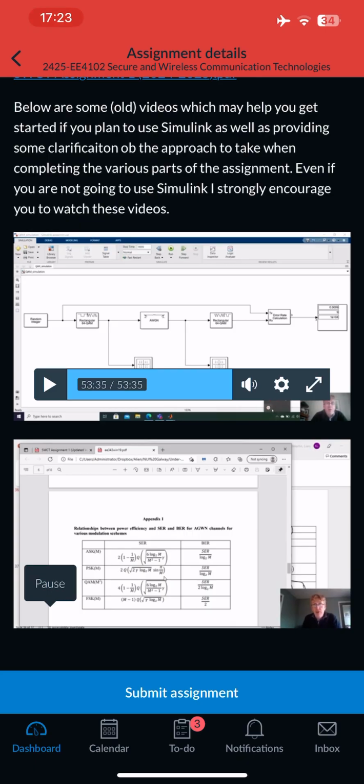In the case of QAM 16, it's a simple division by 4. Whatever symbol error rate you get out of the simulation model in Simulink, divide it by 4 to give you the bit error rate, on the basis that every symbol error is caused by 1 bit error.